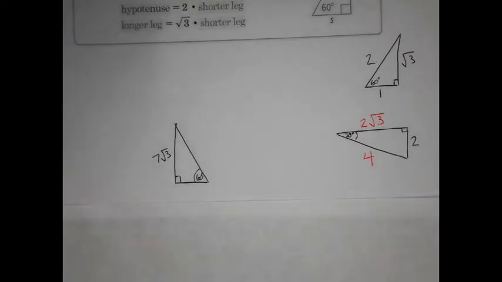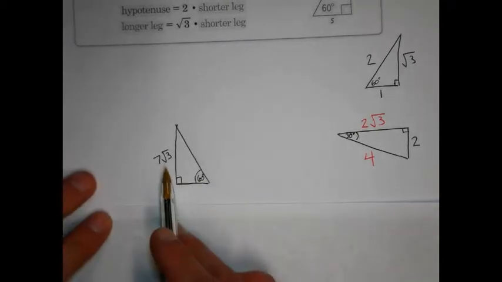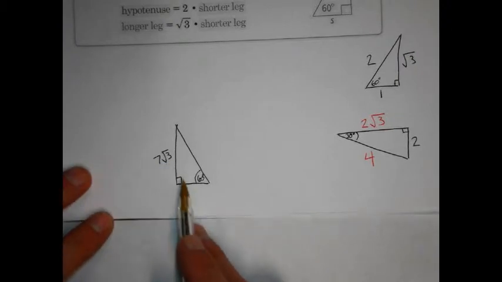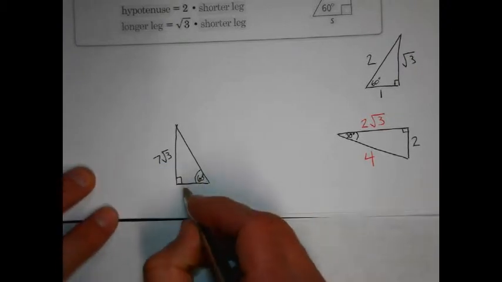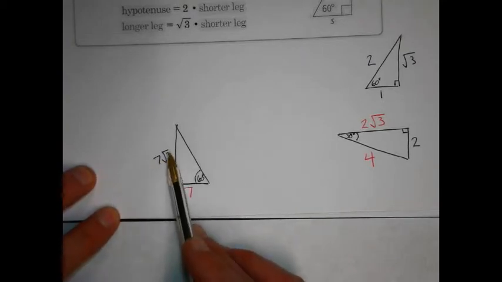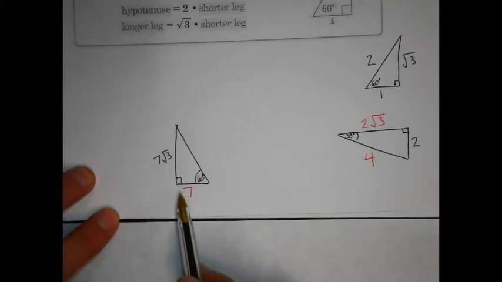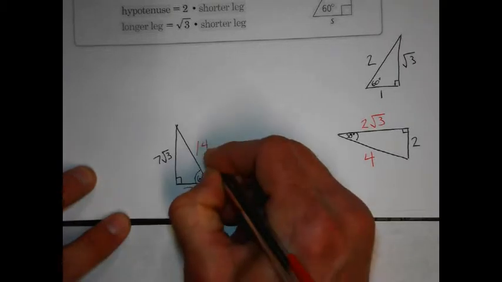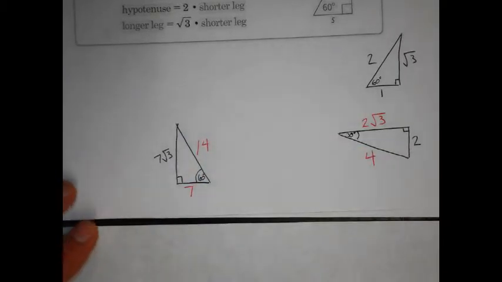The long leg is 7 root 3. What does that mean? That means the short leg is something we know. If the long leg comes from the short leg times root 3, the short leg must have been 7. That's the only way we're going to have 7 and 7 root 3. And if the short leg is 7, guess what the hypotenuse is? Good guess. 14. So that's how we work with the shortcut of the 30, 60, 90 triangle.